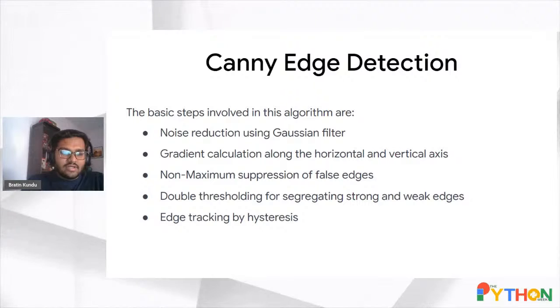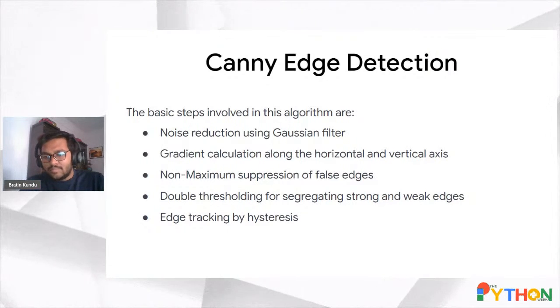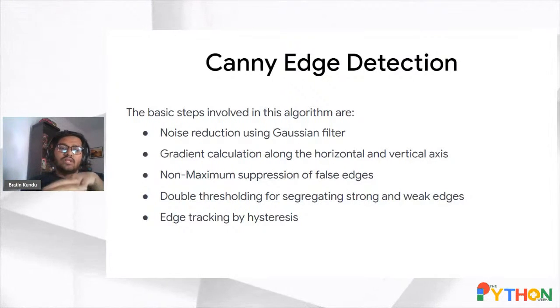Then it calculates the gradient across the horizontal and vertical axes. The third one is non-maximum suppression. When you remove noise or apply a filter, some pixels may overlap or may dim because of a third pixel coming over it.